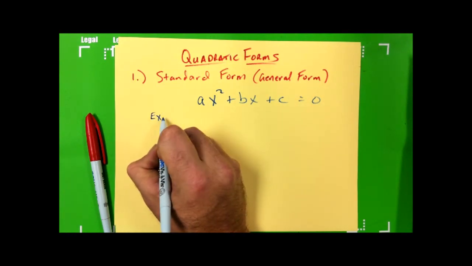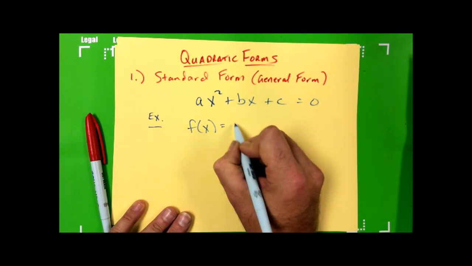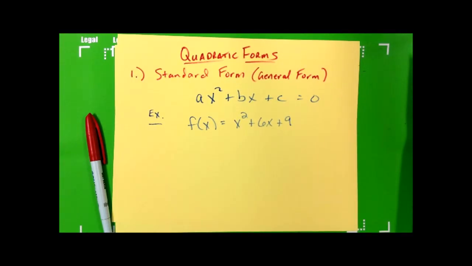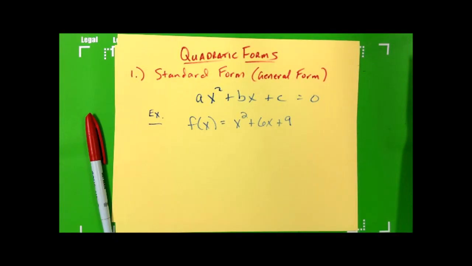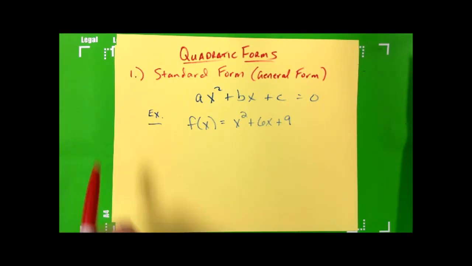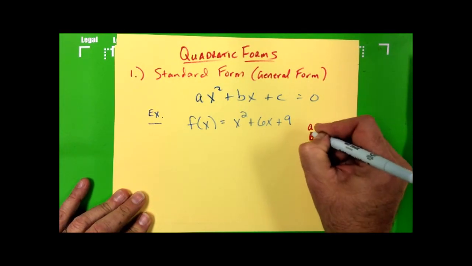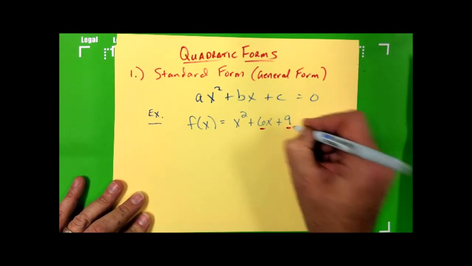The thing about the standard form is that I could give you a function. Let's give you an example here and show you what may be required of you in the standard form. So let's say I have a quadratic such as this, an actual function. Anybody want to identify what A, B, and C is for me? All right. A is 1, B is 6, C is 9.